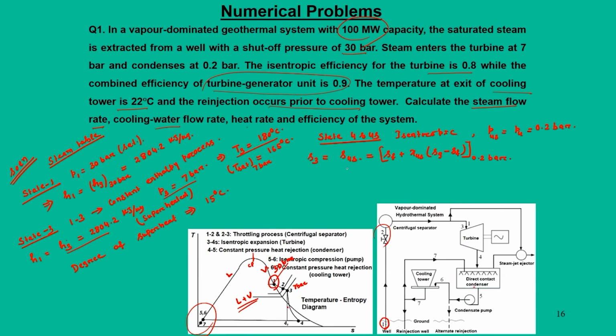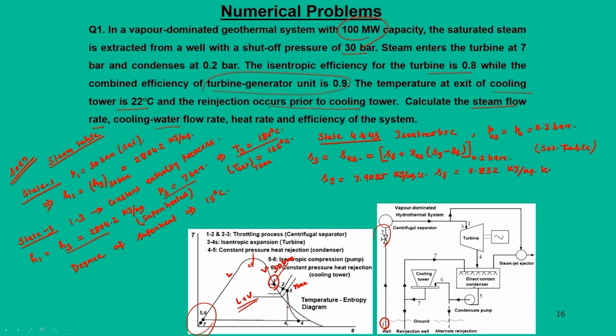So, the data will give you Sg is equal to 7.9085 kilojoule per kg Kelvin. For this you have to use the saturated pressure table, and Sf we have is 0.832 kilojoule per kg Kelvin.